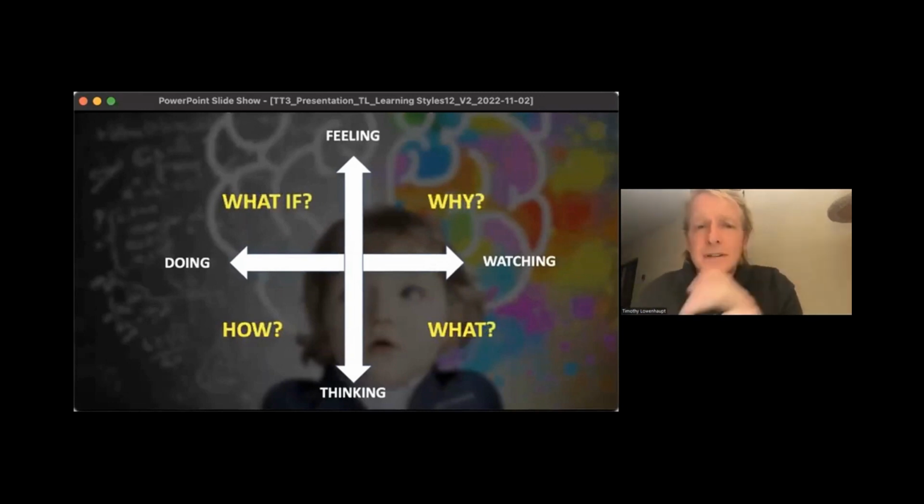A type 2 person wants to know what. Like, what's going on? Give me a list of things. The type 3 learner wants to learn how. How do you do this? How do you sit and meditate? And the fourth type thinks, what if? What if now that I have this, what's possible?